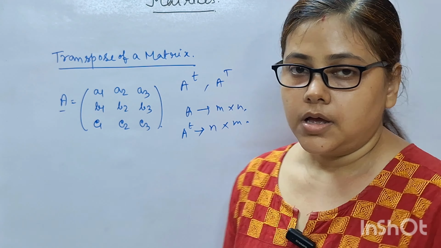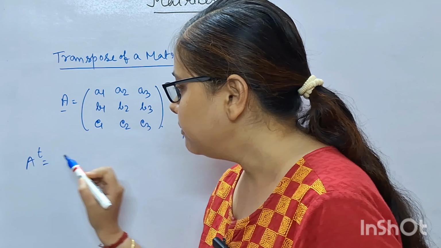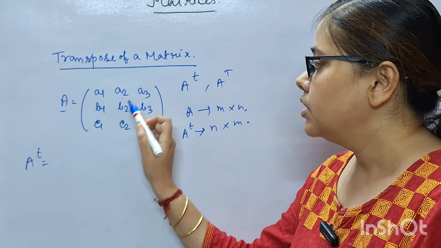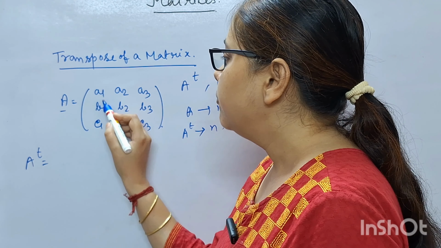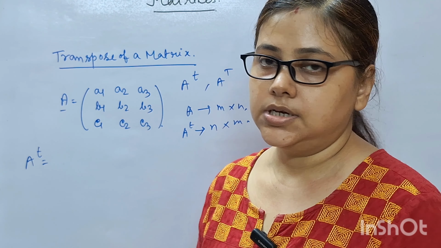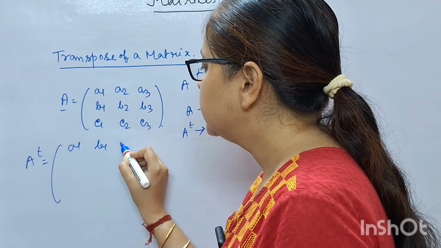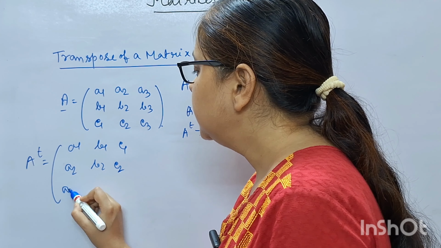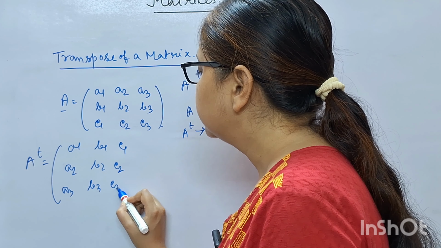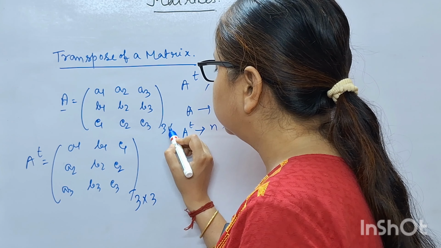If A is a matrix like this, with rows A1, A2, A3; B1, B2, B3; and C1, C2, C3, then A transpose will be obtained by interchanging the rows and columns of A. Like this, the column A1, B1, C1 will be changed into a row A1, B1, C1, then A2, B2, C2, then A3, B3, C3, and this is also a matrix of order 3 by 3.